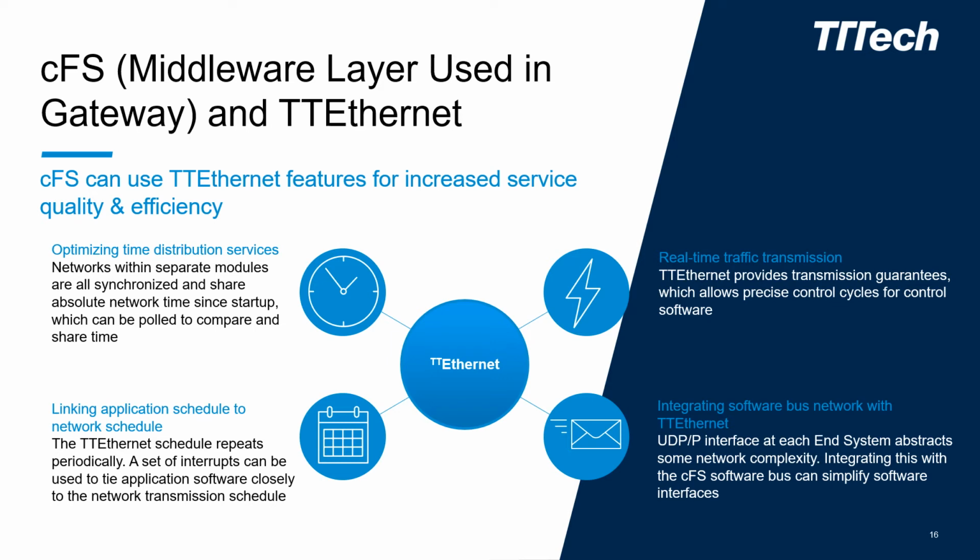So through interrupts, the application software can be tied closely to the network schedule. This allows real-time traffic transmission with absolute performance guarantees for tight control loops. And finally, because we have abstraction, each end system can also use a simple UDP-IP interface. And this simplifies, of course, the software interfaces.